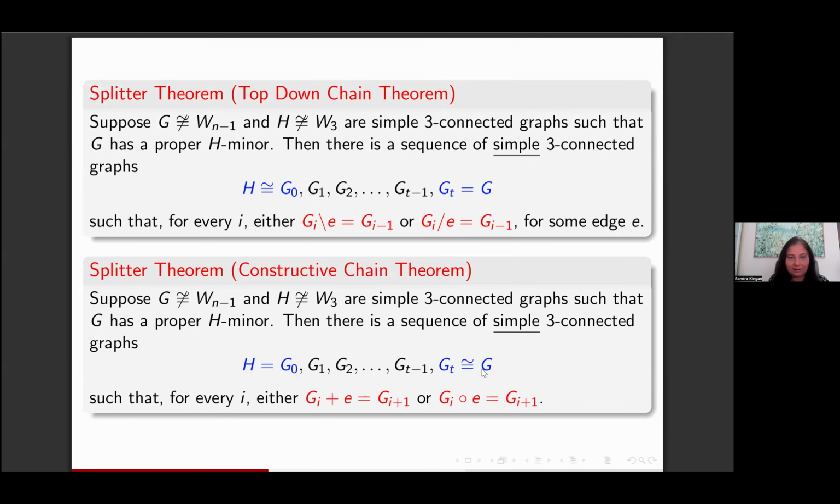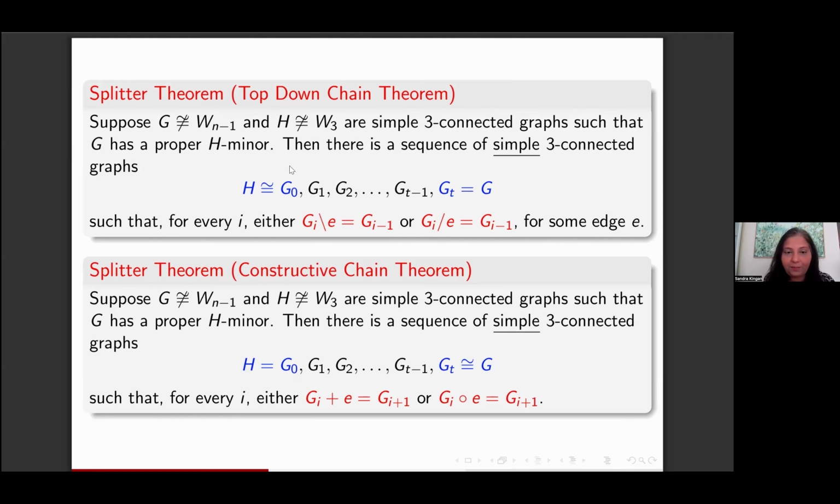So this is the splitter theorem, top-down version, and also the constructive version. Yes, Tom, for some edge E.